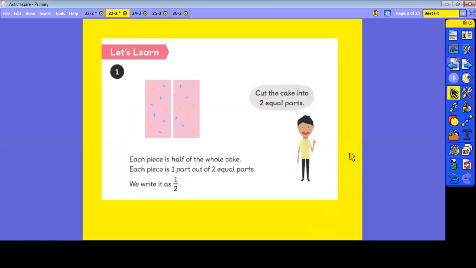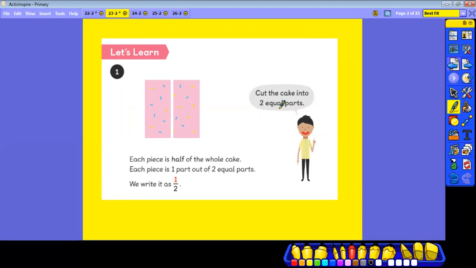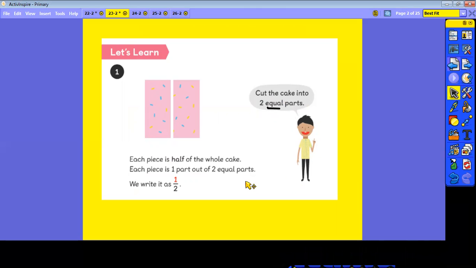And then Let's Learn explains that to share the cake between Ravi and Hannah equally, we must cut the cake into two equal parts. Remember, children, that word equal in fractions is very important indeed. So each piece is half of the whole cake.